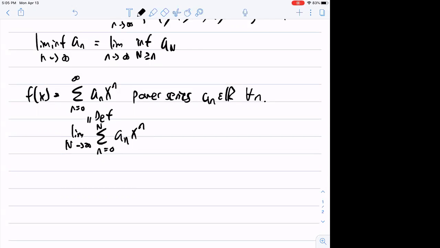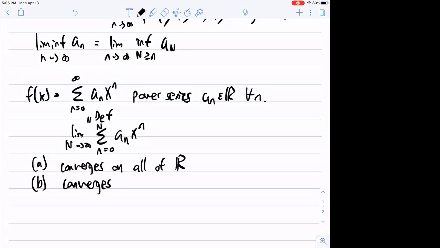So it turns out by the root and ratio tests that this thing either converges on all of R. By converge, I mean the limit is a finite number. Or B, converges only at 0. Your power series always converges at 0, because if you plug in x equals 0, it's just an infinite sum of zeros, which is 0.